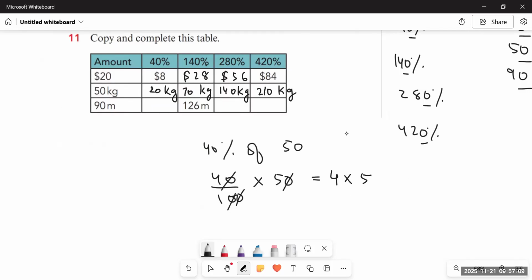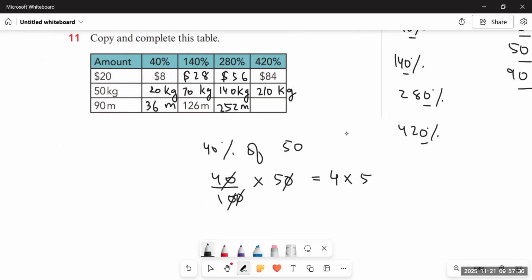Now in the last row, we have 90 meters and we have to find out 40%. So it would be 4 nines are 36 meters. The second one is 14 multiplied by 9, which is 126, already given, right? And then 280% of 90 would be 28 multiplied by 9, which is 252.